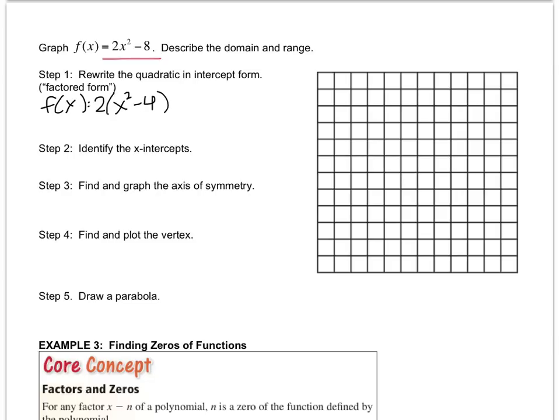Oh, now I have a difference of 2 squares, so I can keep going, and I get f of x equals 2 times (x plus 2) times (x minus 2). Hope you didn't forget how to factor. Now I have to identify the x-intercepts. Remember, it's what makes the values 0. So this would be negative 2, and this would be positive 2.